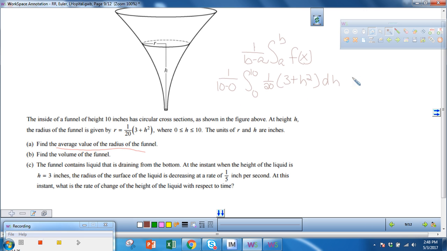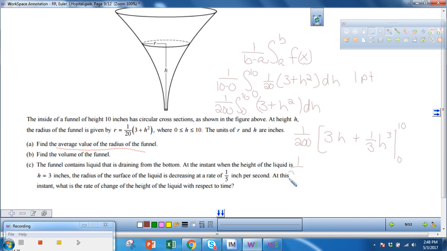So you got 1 point for this expression, for the integral. So then this is 1 over 200, the integral from 0 to 10 of 3 plus h squared dh. I'm just cleaning that up a little bit. Taking the integral, I get 1 over 200 times 3h plus 1/3 h cubed, evaluated from 0 to 10.